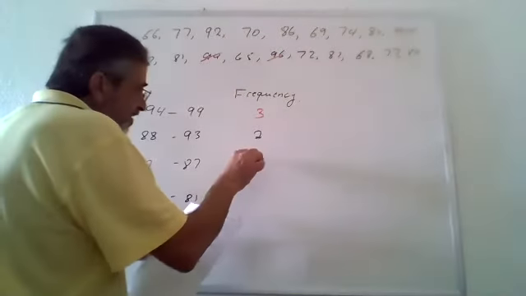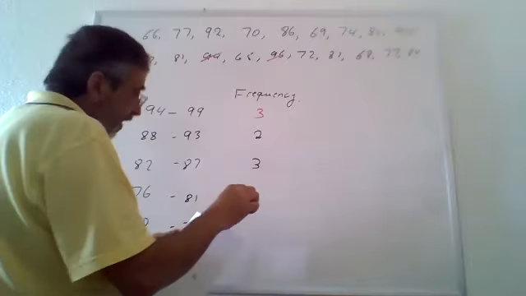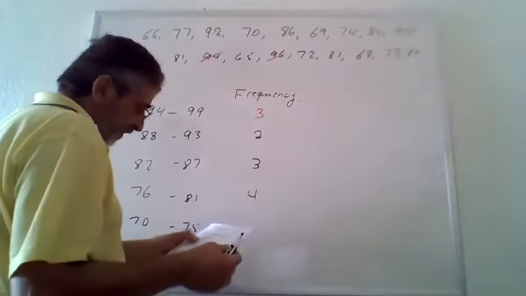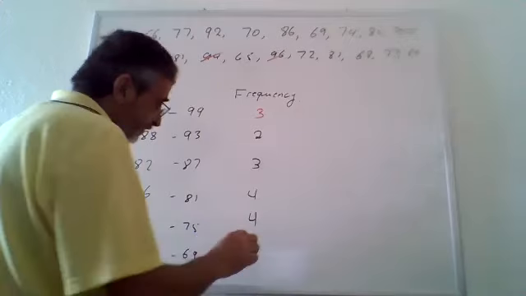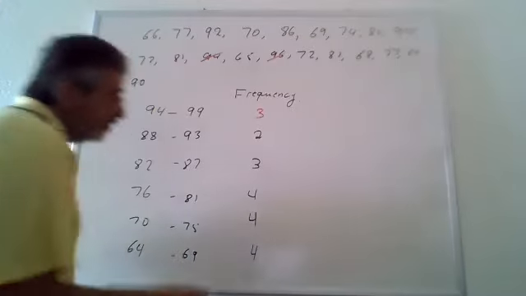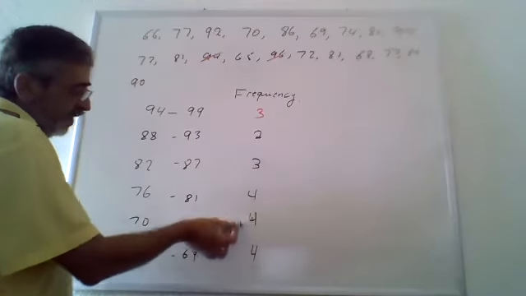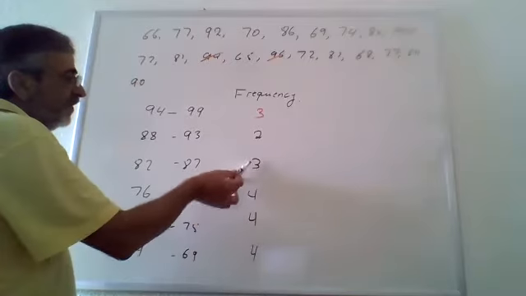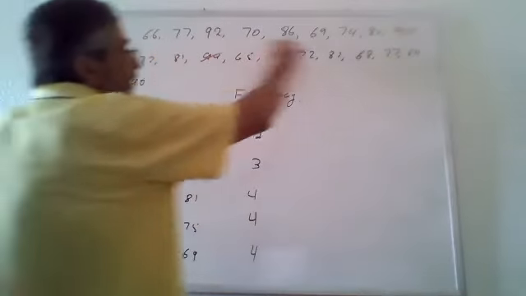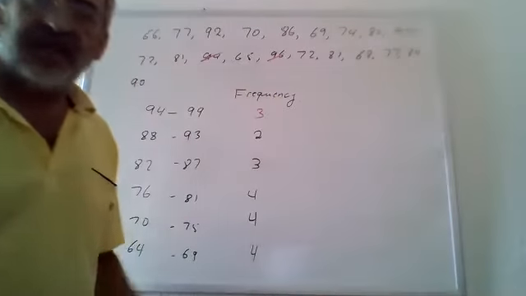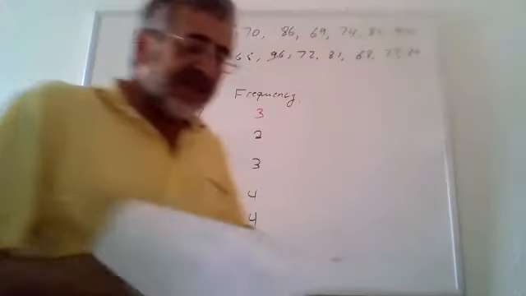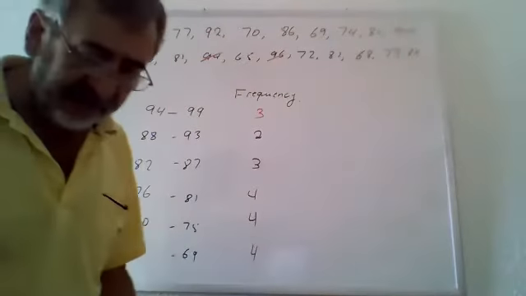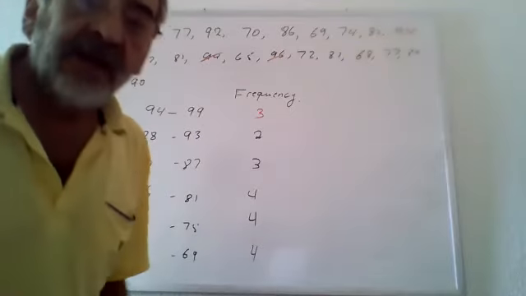So for 82 to 87, there are 3. And then we have 4, and then 4, and then 4. So the total number is 20, and if you count all of these numbers up there, you should have 20 of them as well. Okay? So this is the first column of the table.